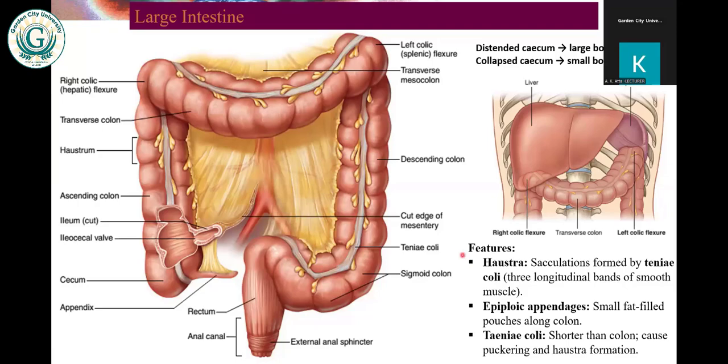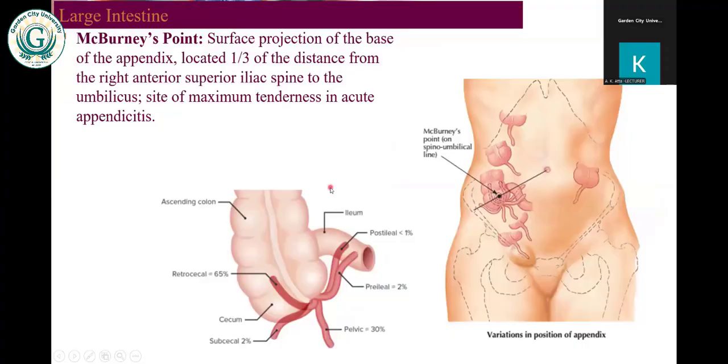So in the colon or the large intestines, you see these haustra. You see these omental appendages. Then finally, you see these taenia coli. They are unique.